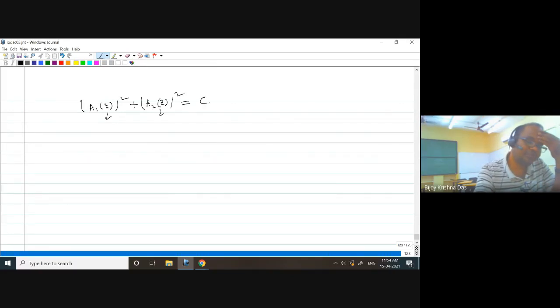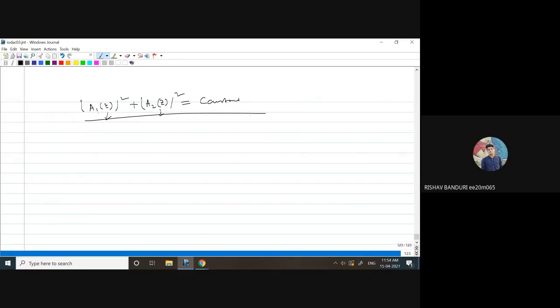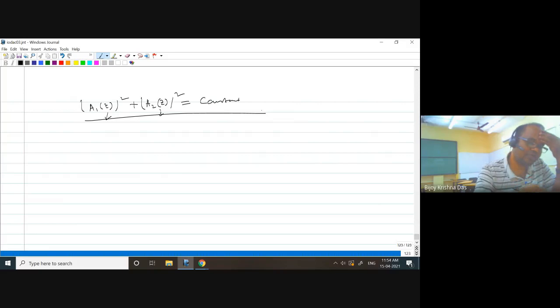Normally in general, that should be constant. Is it not? Energy is conserved. So this has to be satisfied at any point, right? Very good. Now, without going into the solved equation, use this equation.